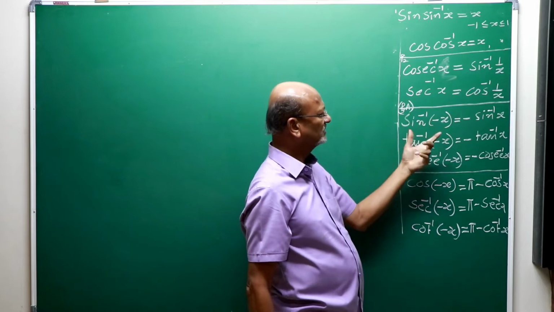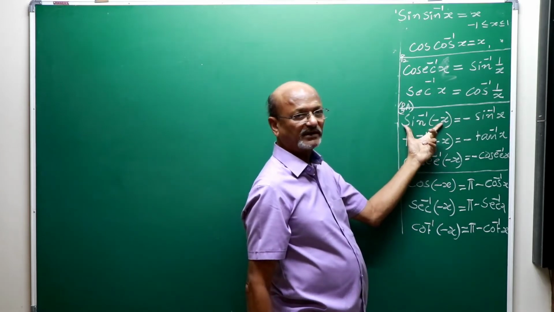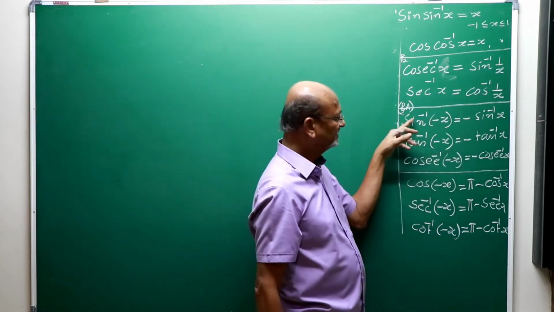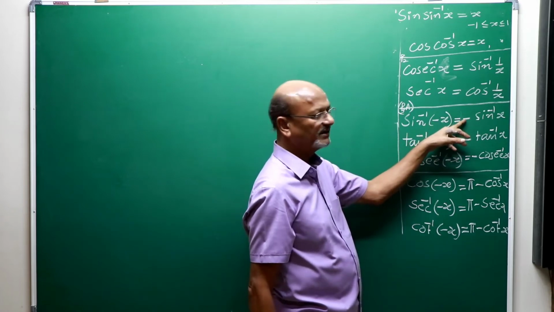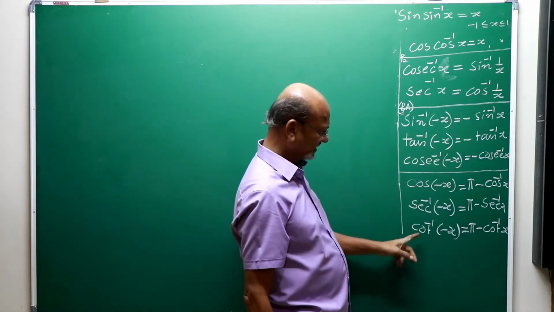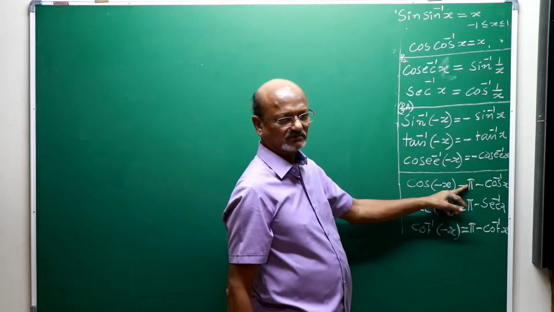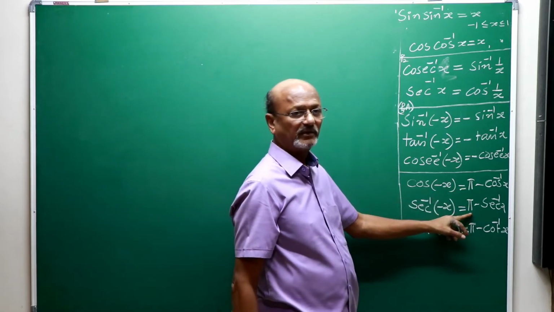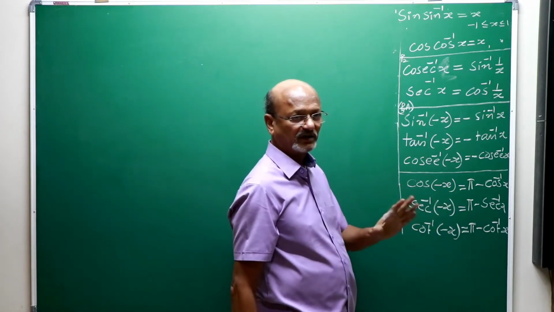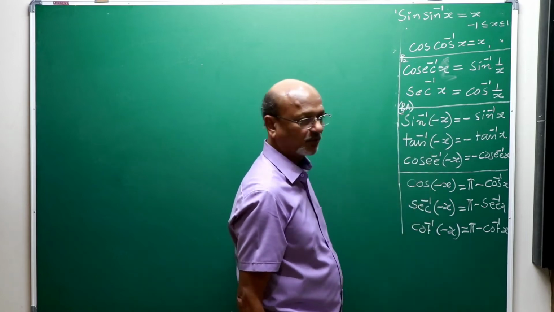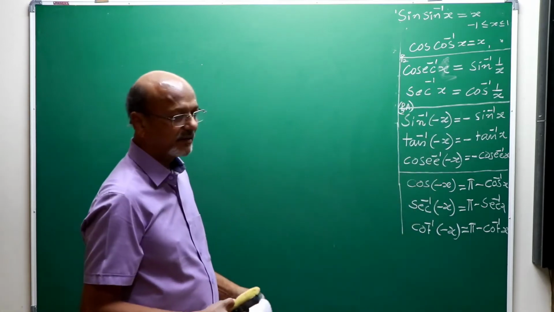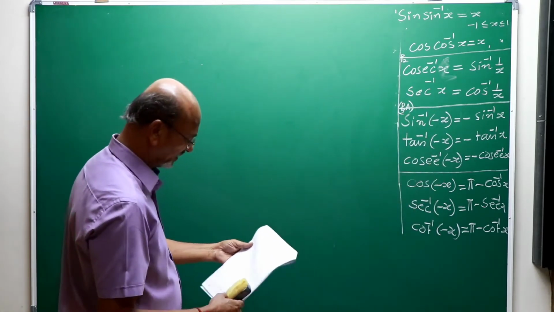Sine inverse of minus x is minus sine inverse x. In these three cases, minus comes directly outside, but in the other three cases, it becomes pi minus. My friends, remember these important properties. Then examples.